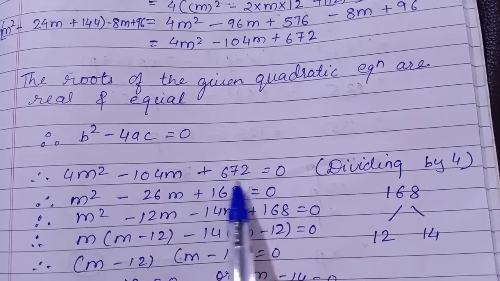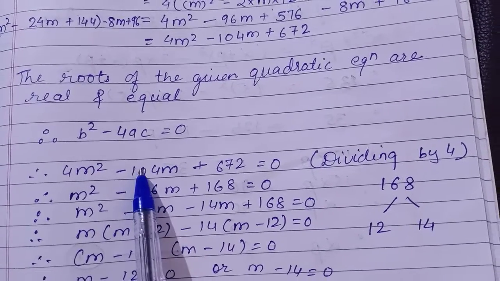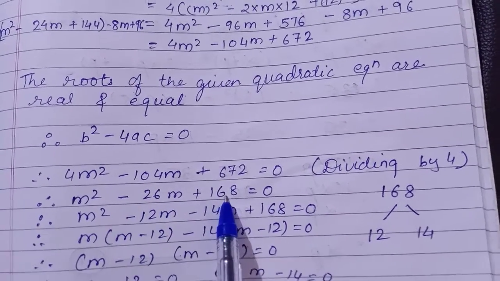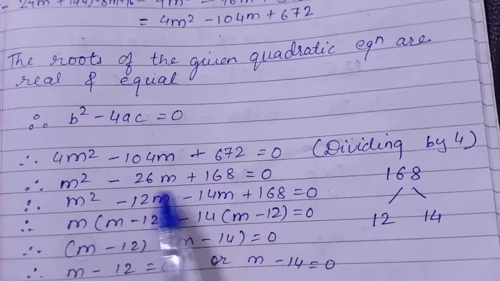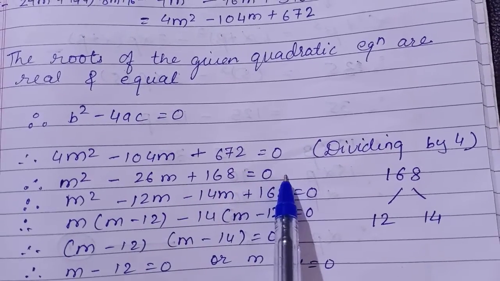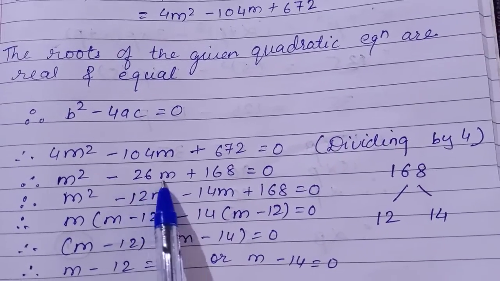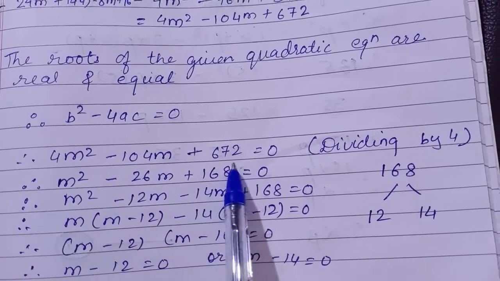When we divide it by 4, we'll get m square minus 26m, because 26 4s are 104, and 168 4s are 672. So after dividing, we get m square minus 26m plus 168 equal to 0. Now we have to find the factors of 168 so that we can solve this equation.